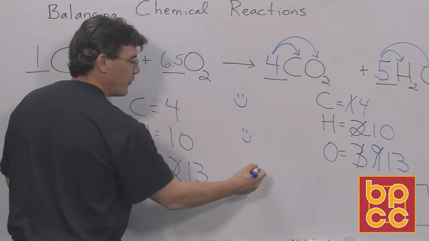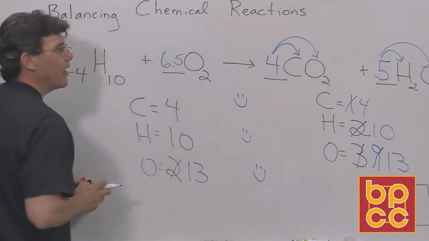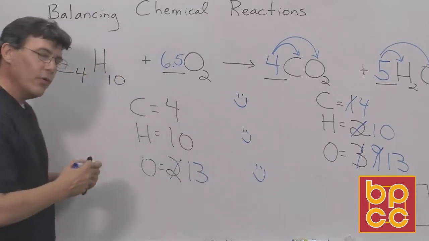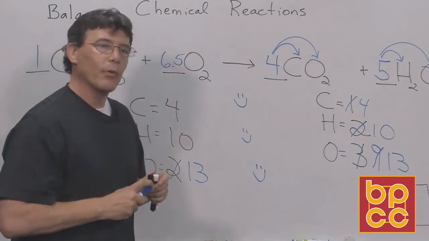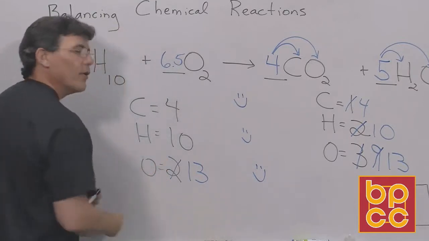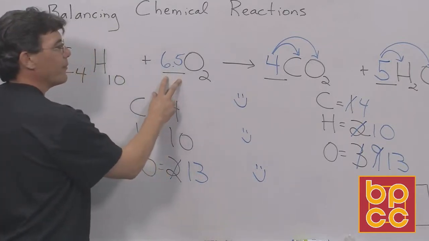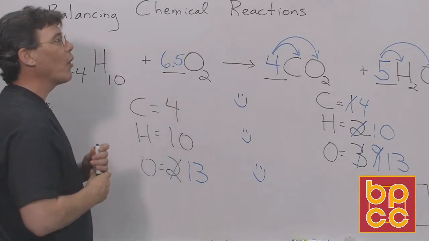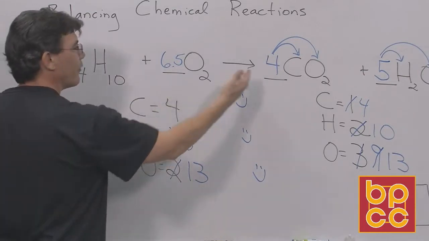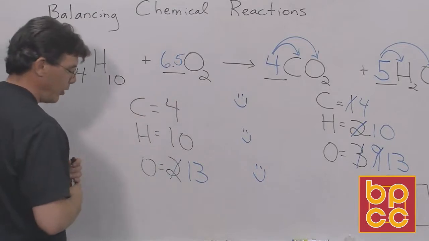And that earns us a smiley face there. And again, my students say, I didn't know you could do that. Well, we can do anything we want when we're learning. But they're right. We can't leave that half there. We're supposed to have all what we call whole number coefficients, like a 1 or a 4 or a 5. This 6.5 really can't stay there.